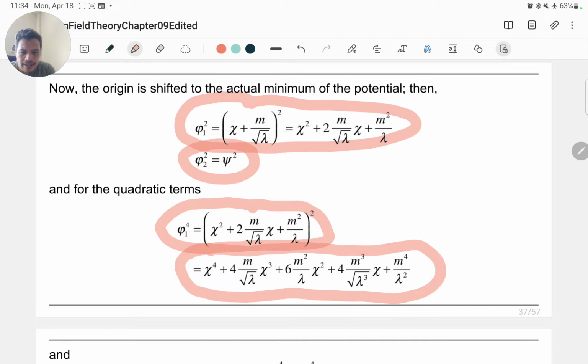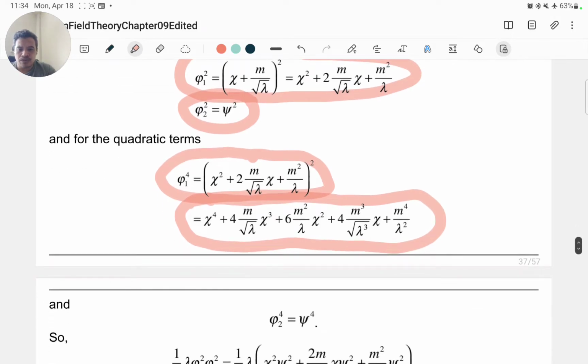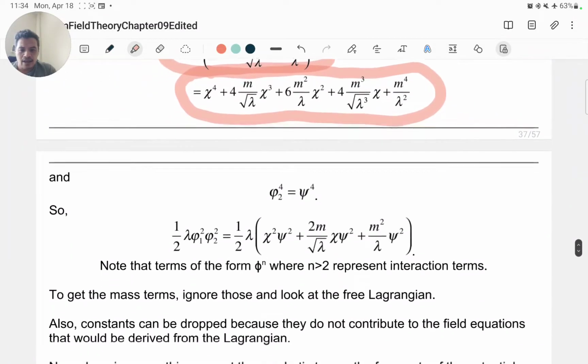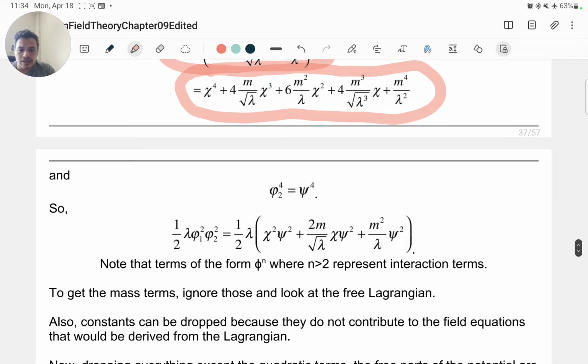So there are, in this case, 5 terms for phi 1, and of course phi 2 will just be psi to the 4th. And so if you look at the expressions 1/2 lambda phi 2 and phi 1 squared and phi 2 squared, then you would have this expression.